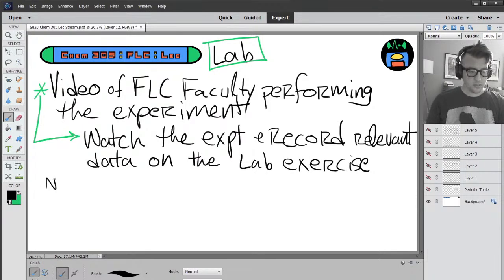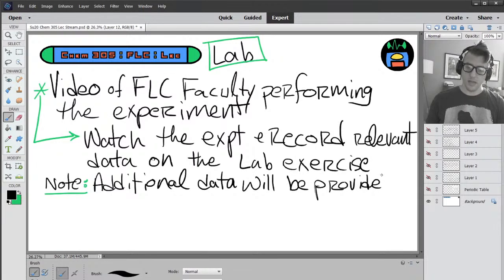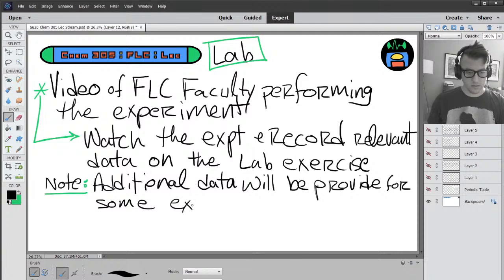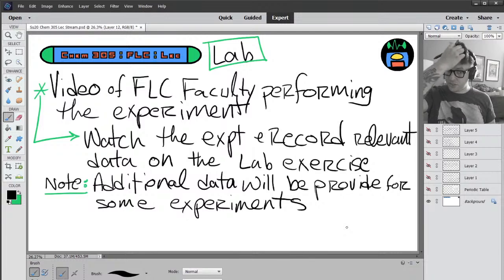Something to note: additional data will be provided for some experiments. And so that's kind of the format.